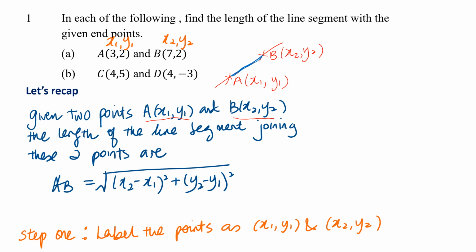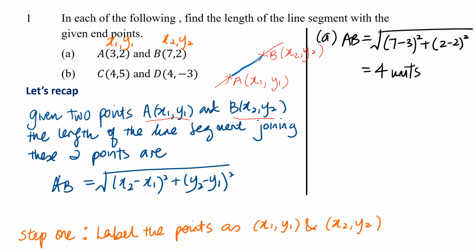You let the x coordinate of point A be x1, the y coordinate of point A be y1, and for point B, let the x coordinate be x2, and the y coordinate of point B be y2. Then the next step is to write down the formula.